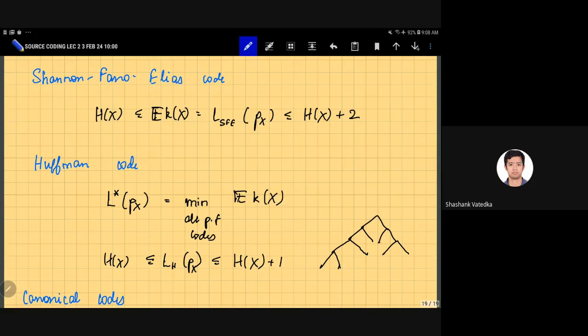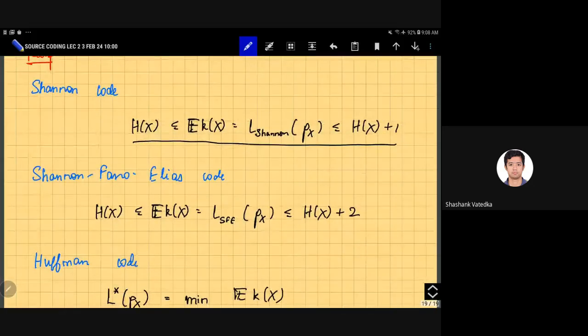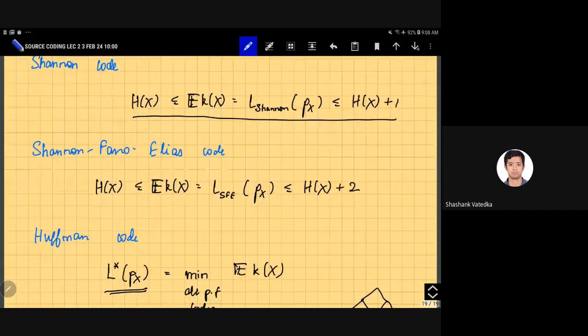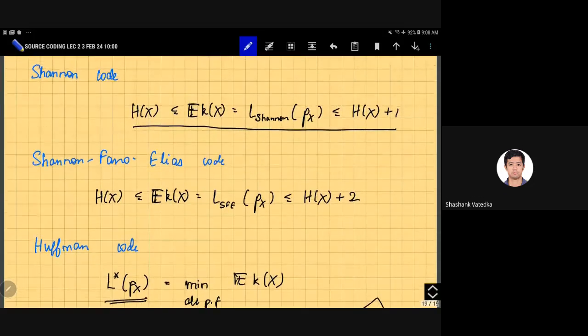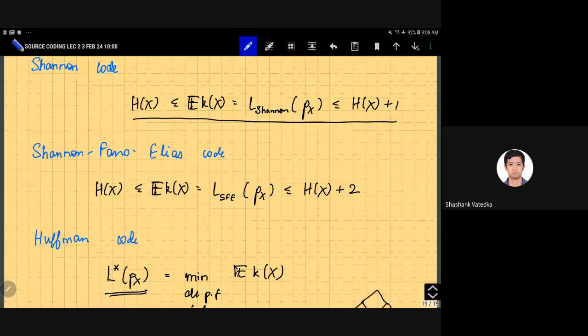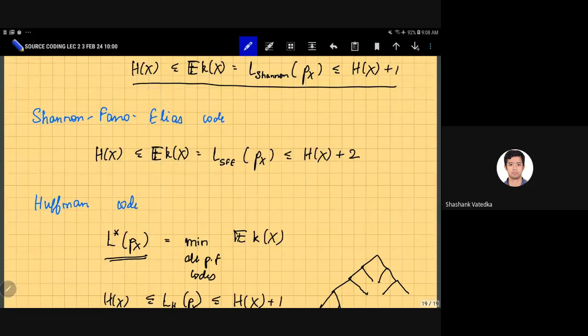And this is the best that we can say, but note that what I'm saying over here is stronger. Although we can say that the expected length is between H of X and H of X plus 1, the Shannon code also achieves the same bounds, but the expected length for the Huffman code can be even less than that of the Shannon code. And in today's class, we'll actually prove the statement that the Huffman code achieves L star of P_X.